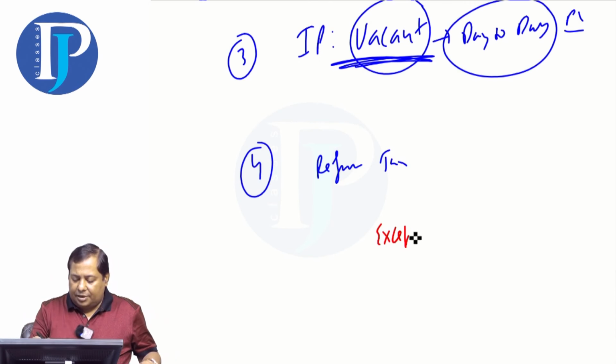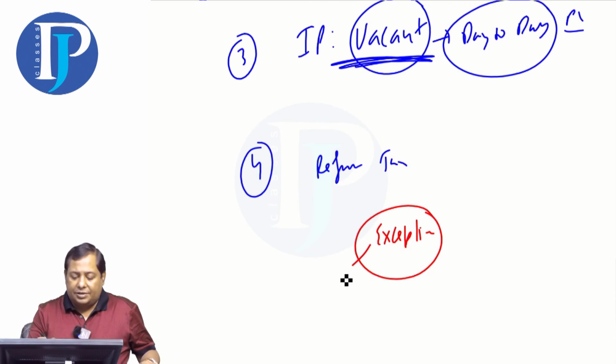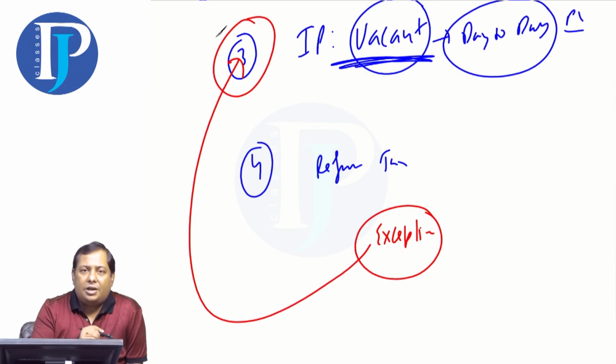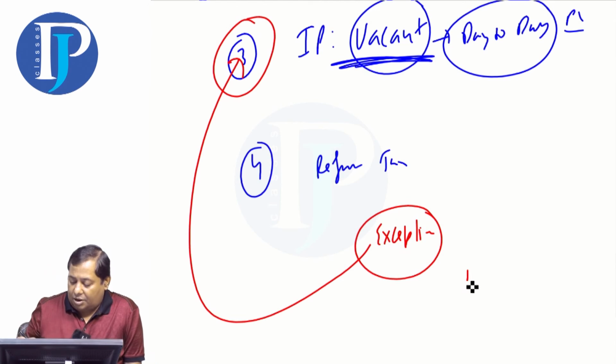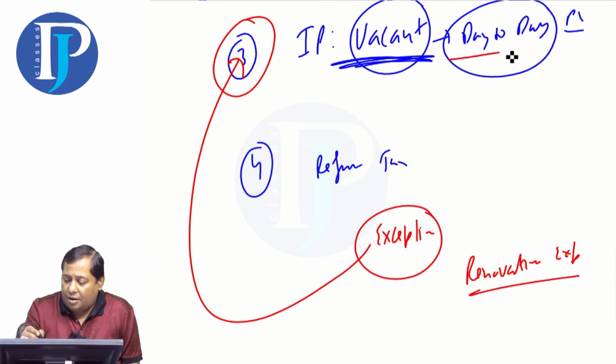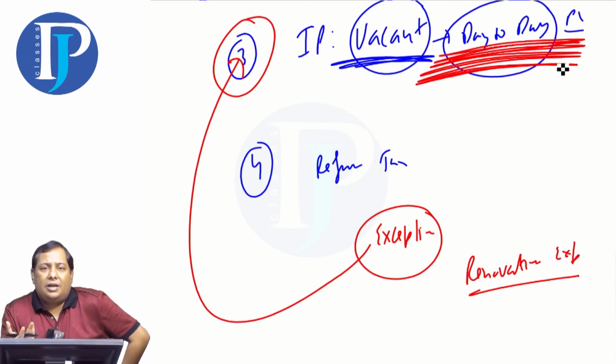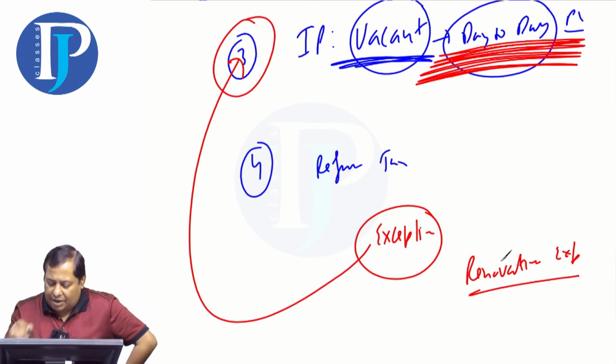But there is also an exception. This is an exception to point number 3. The third point has one exception, okay? And this is the renovation expense. Suppose day-to-day servicing and day-to-day maintenance, when you spend some money to keep the property clean, that is operating expenses, it will go to P&L.